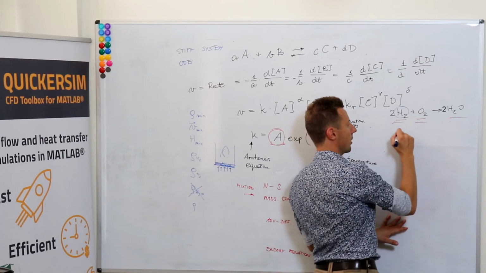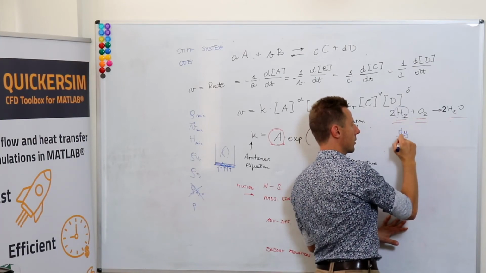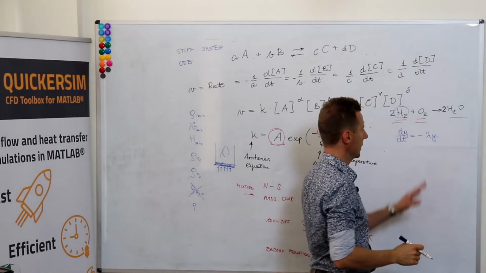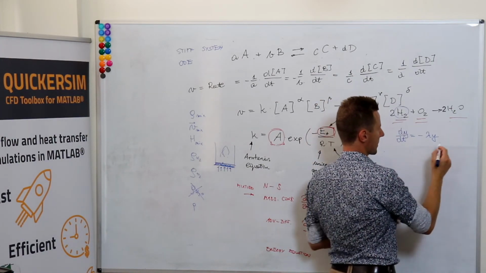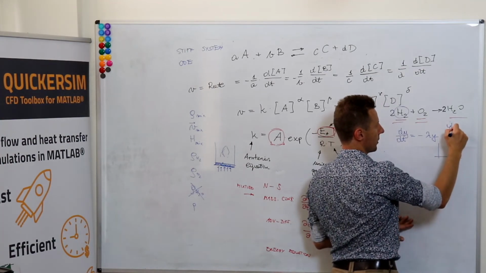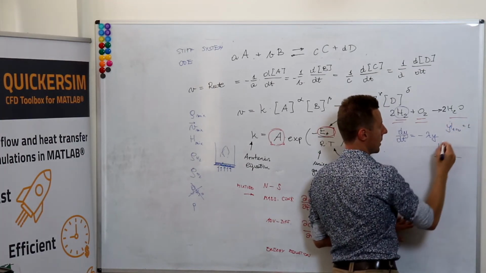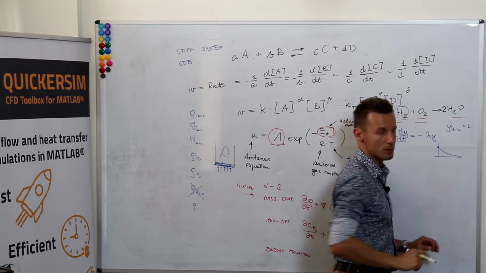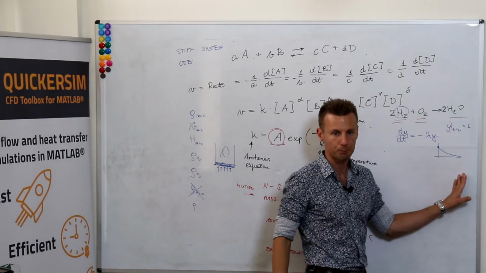You can imagine the following ordinary differential equation. If you take lambda, which is, let's say, 1, and the initial condition equals 1, then you would come up with the solution that looks like that in time.